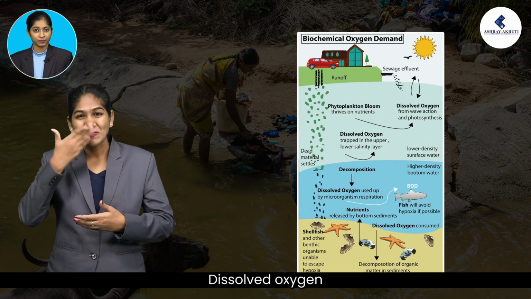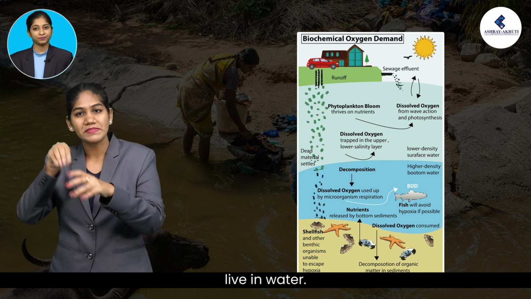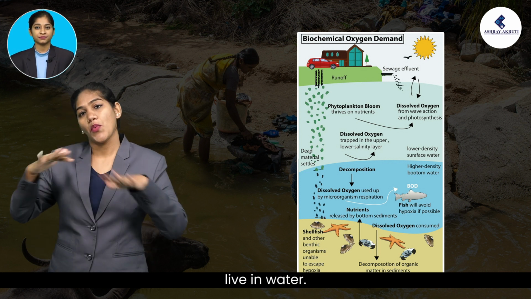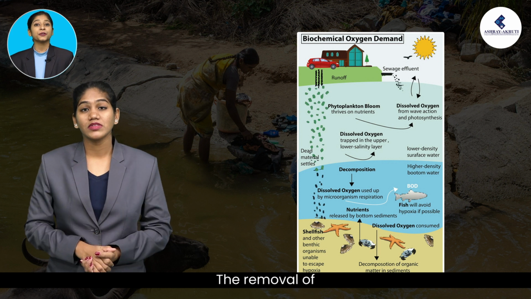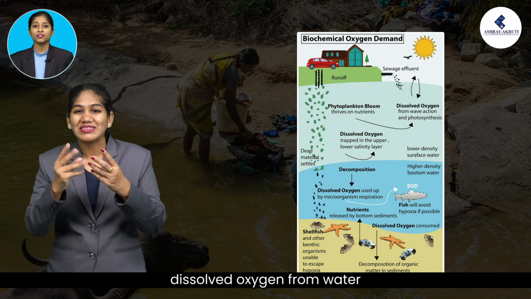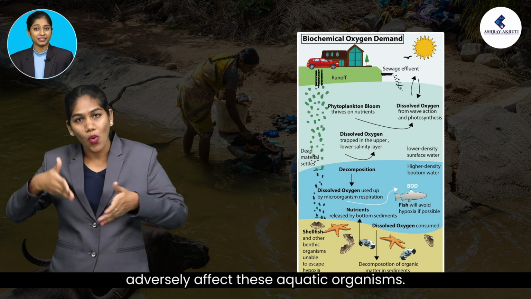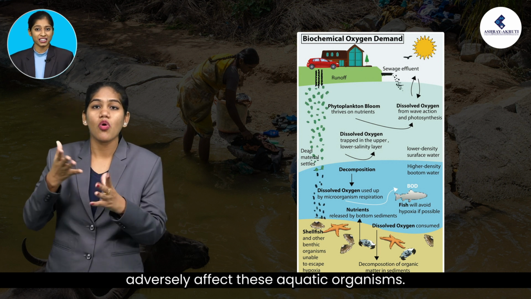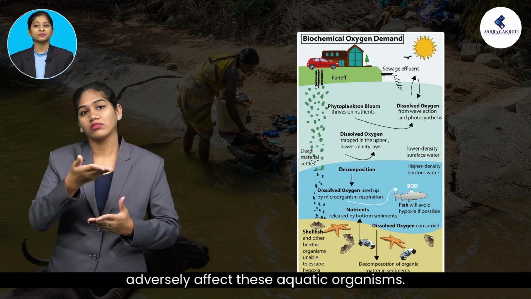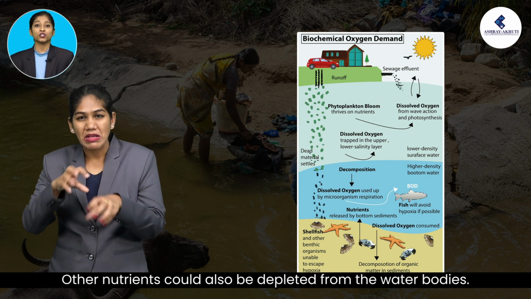Dissolved oxygen is used by the animals and plants that live in water. The removal of desirable substances like dissolved oxygen from water bodies would adversely affect these aquatic organisms. Other nutrients could also be depleted from the water bodies.